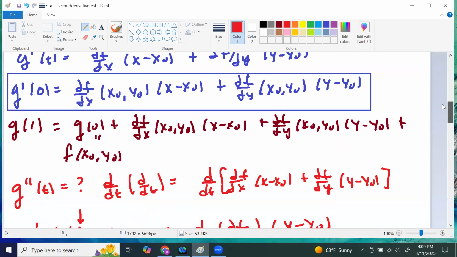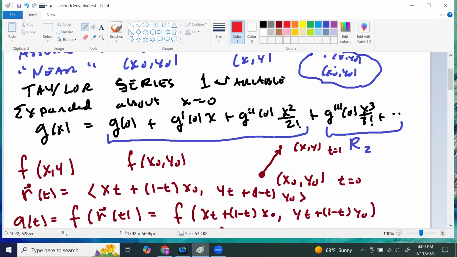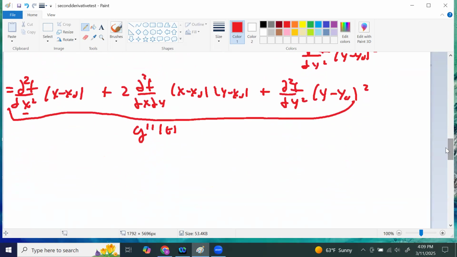So when we now go to plug this in to this formula here, we have to use a 0 and we have to divide by 2. So the second term at t equals 0 will be 1/2 second partial f second.